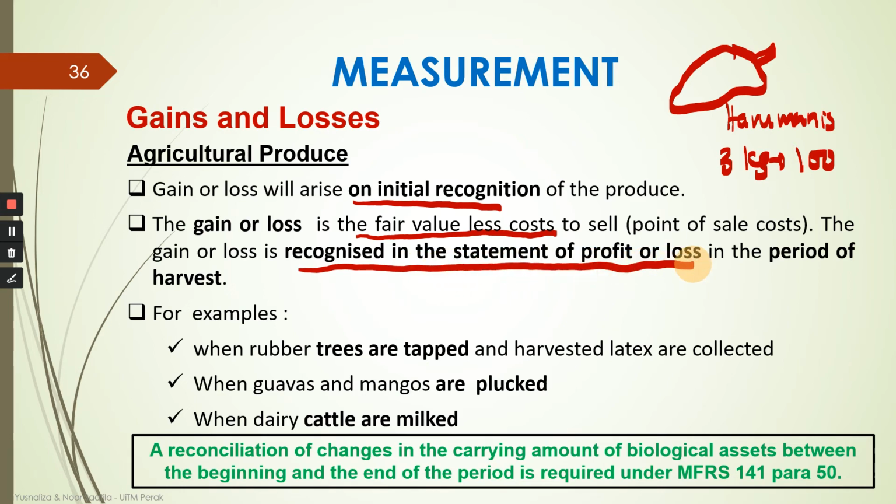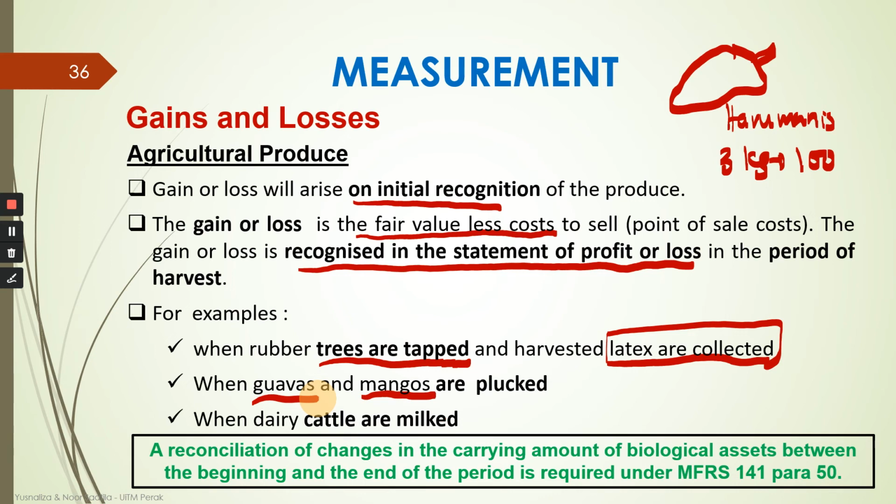Not only the mango case, but maybe when the trees are being tapped for rubber, so the latex is being collected. Of course, that will involve some gain, meaning the price of the latex that is being collected. When mangoes are being plucked, that is going to be a gain or loss on initial recognition.